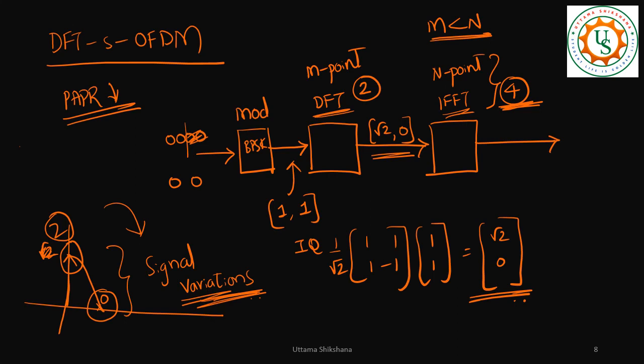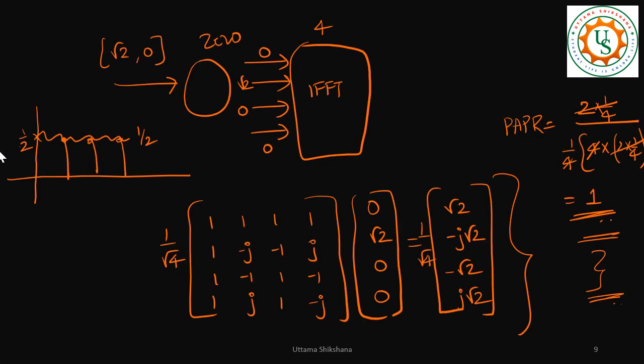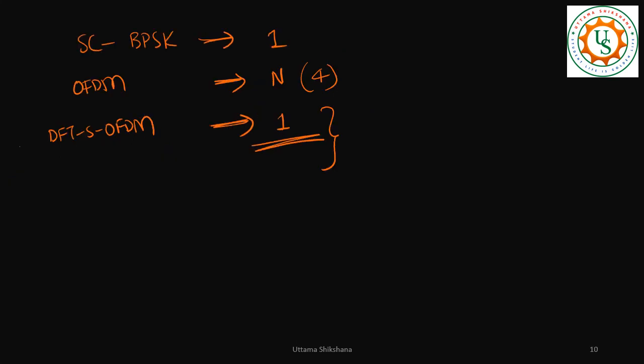Whereas in this case, once we do the power calculation, we see a power spectrum where signal variations are less, and hence we expect that the PAPR is reduced, and as per our mathematics also, the PAPR is reduced. So now I think you got the concept of how DFT-s-OFDM is reducing the PAPR, right?